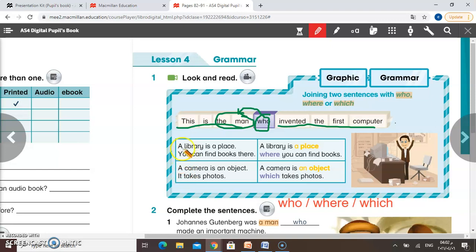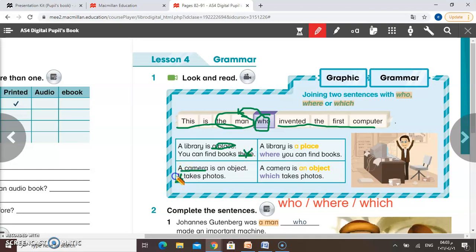So we have here a library, a place and there. We have here a camera and we have here it. So now number 2, you have to delete the noun from the second sentence. نحذف إحنا الاسم المكرر من الجملة الثانية.